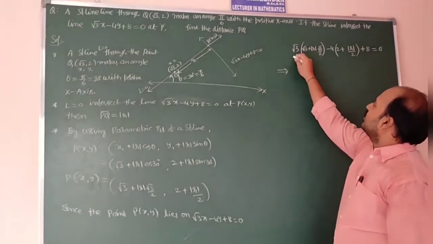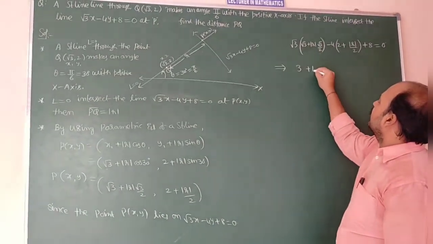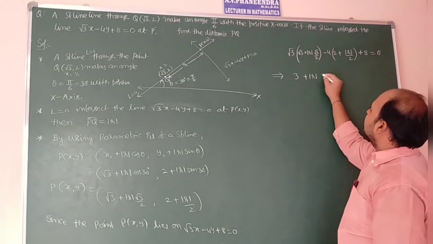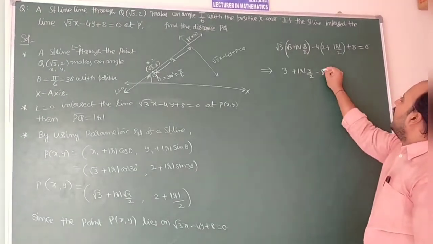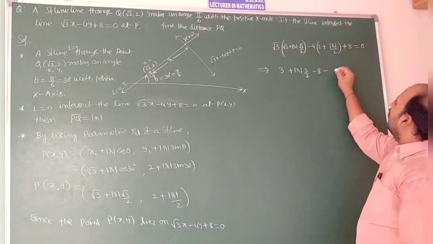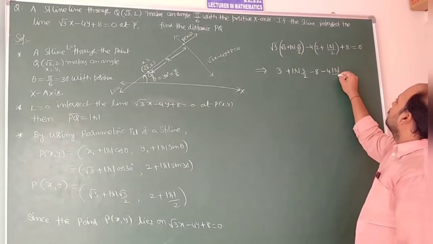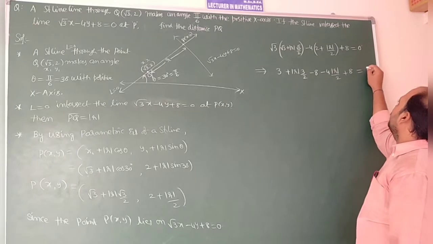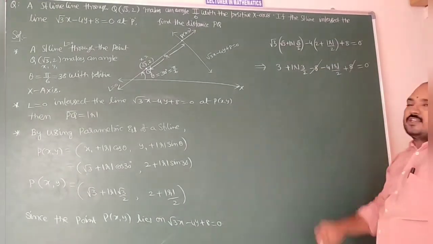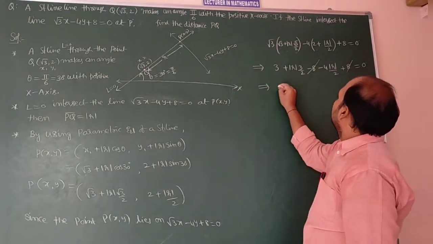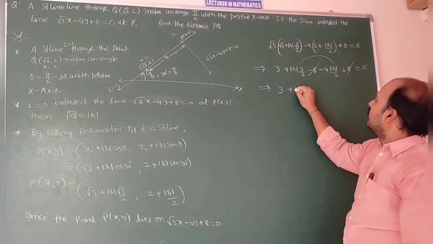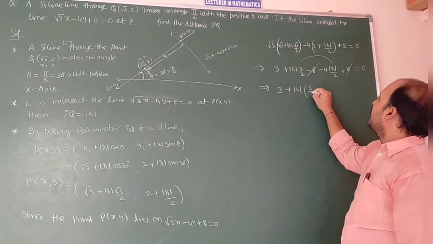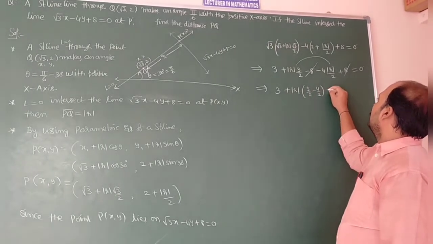That implies root 3 into root 3 is 3, plus mod r into root 3 into root 3 is 3 by 2, minus 4 into 2 that is 8, minus 4 into mod r by 2, plus 8 equal to 0. So minus 8 plus 8 cancel, 3. From these two, mod r take common: plus mod r into (3 by 2 minus 4 by 2) is equal to 0.